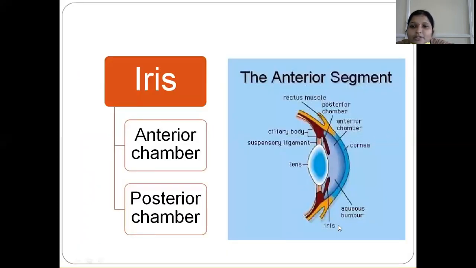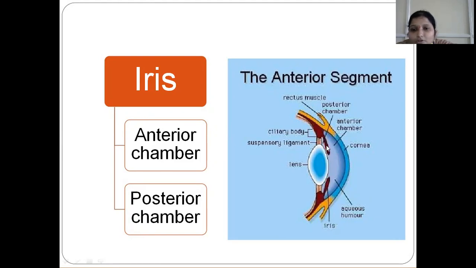Because of the insertion of the iris into the ciliary body, it divides the anterior segment. So what is meant by anterior segment? It is the lens and the structures present in front of the lens, that is the cornea, anterior chamber, posterior chamber, iris and lens.